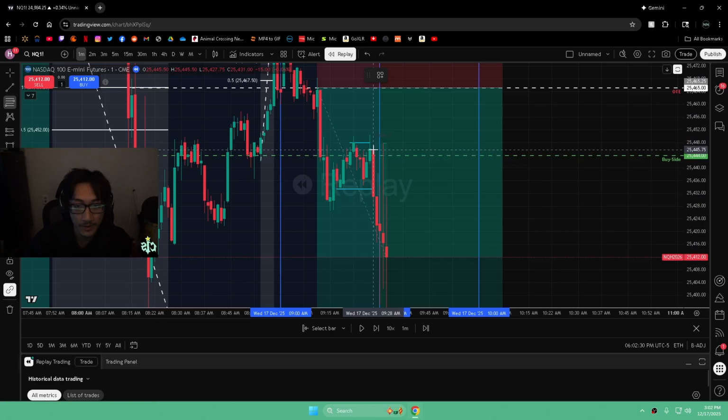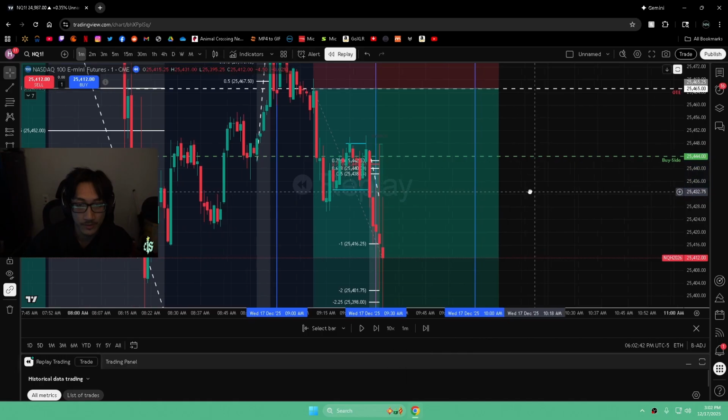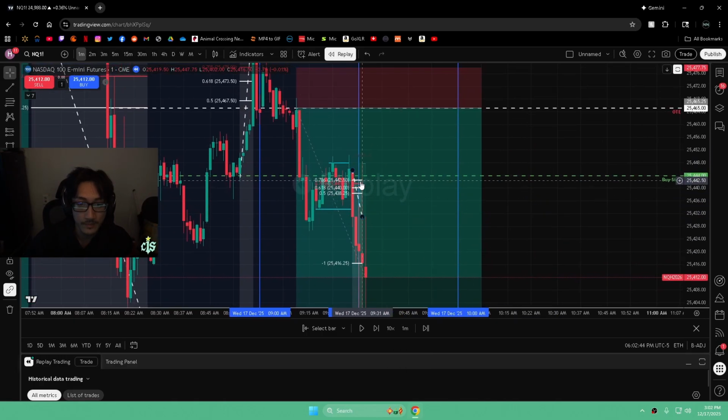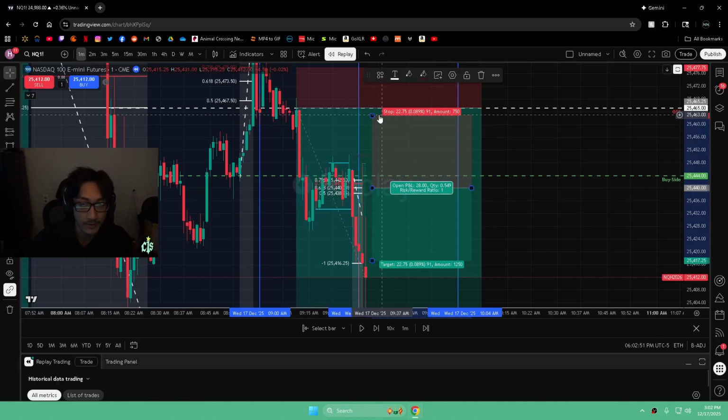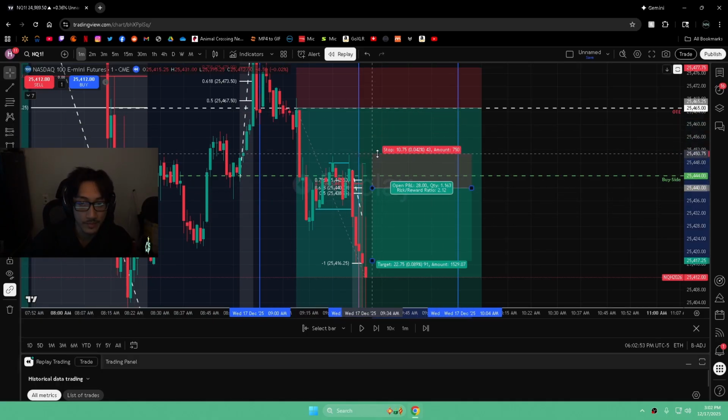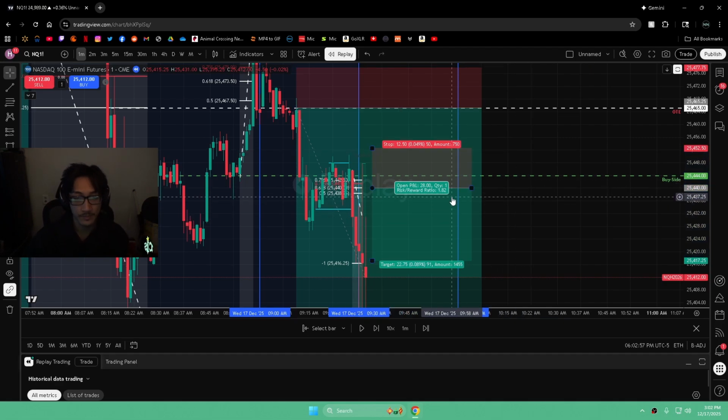This would be our OTE from this wick to, I think, this candle body, the body close. And you could probably get into a trade here. Let's see what happens. I'm not sure if this is the right way to draw this one, but right.